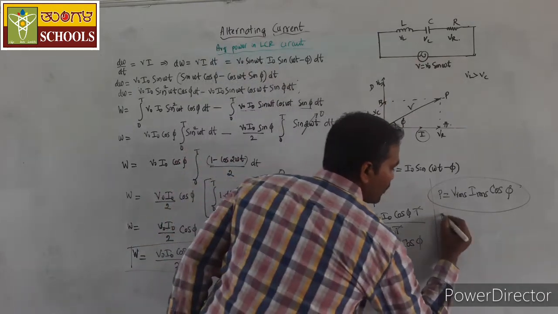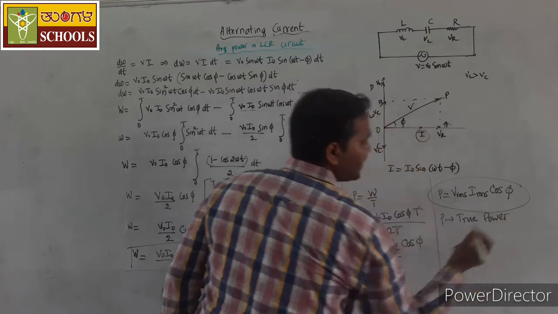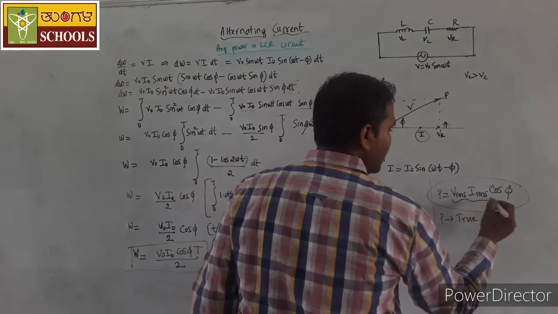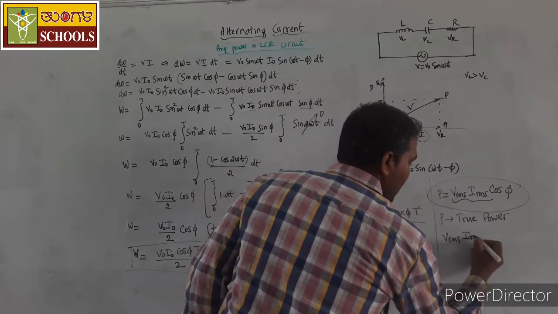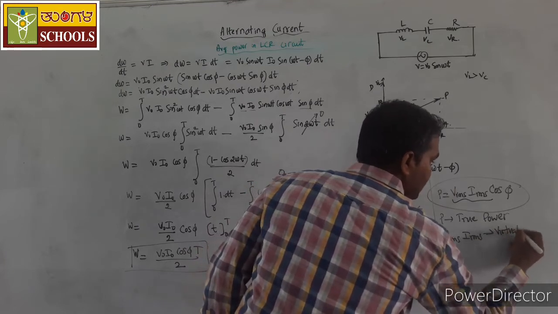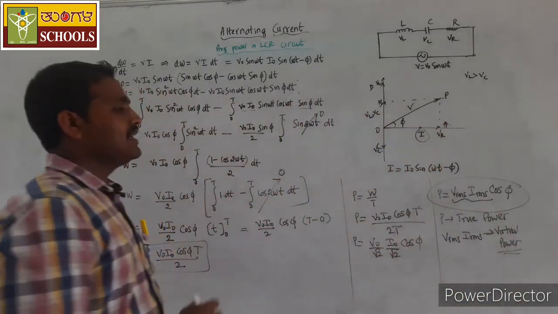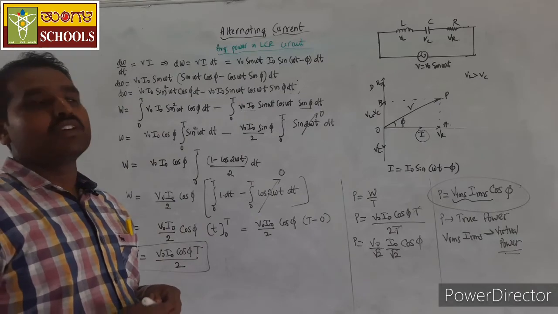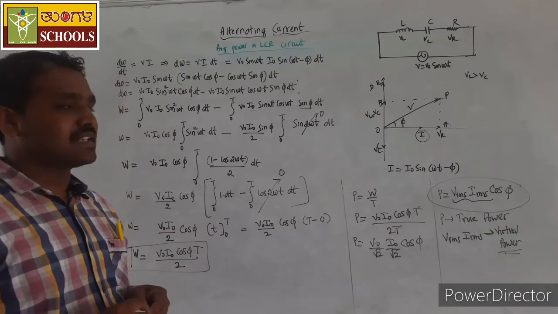Here we call P the true power, the absolute power, and the product of V RMS and I RMS will give me the virtual power. This is the expression for the average power through the LCR circuit for one complete cycle of alternating current.